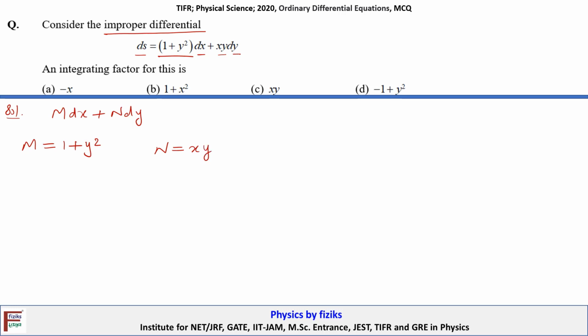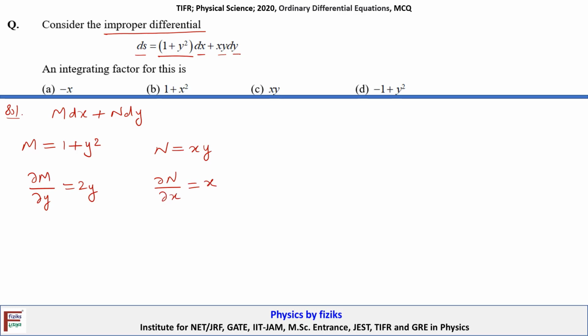Now taking the partial derivative of M with respect to y, we can write it as curly M by curly y is equal to 2y.